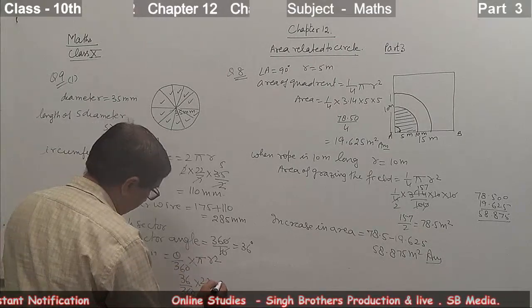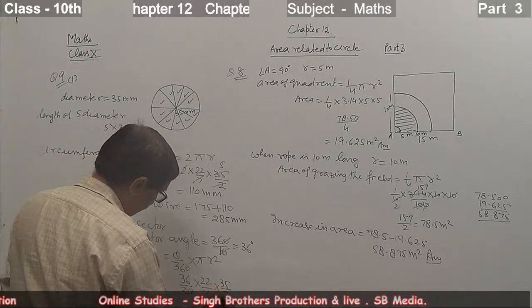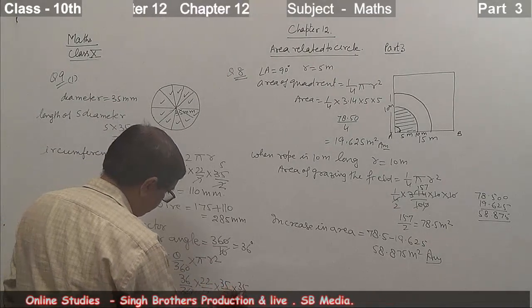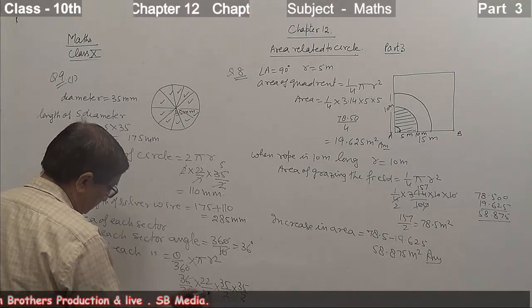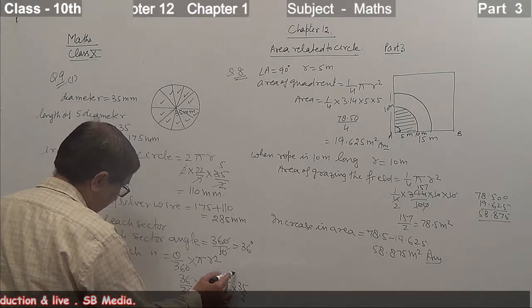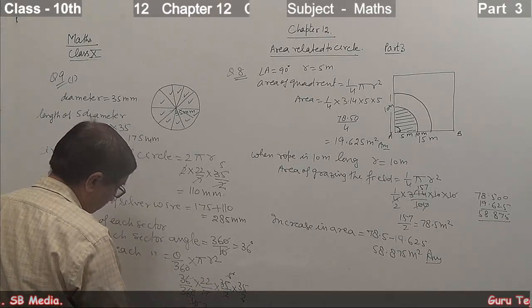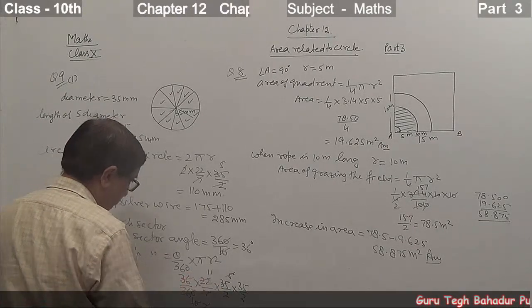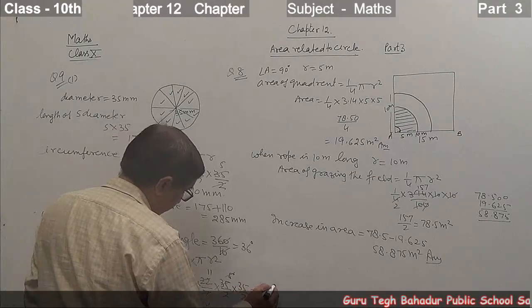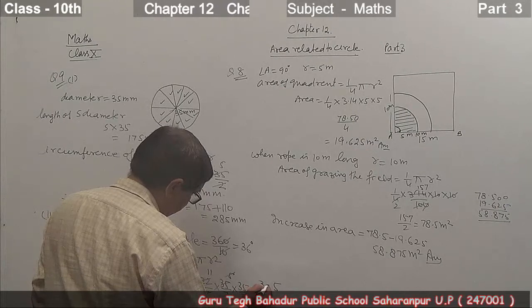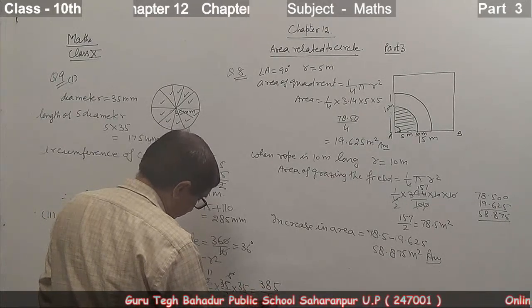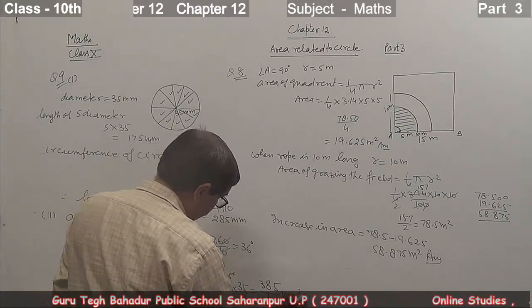The radius is given to you, 35 upon 2. Simplifying, we get 385 upon 4 millimeter square.